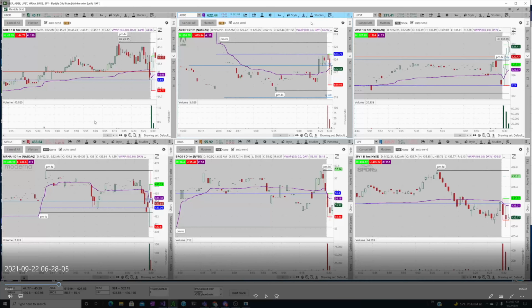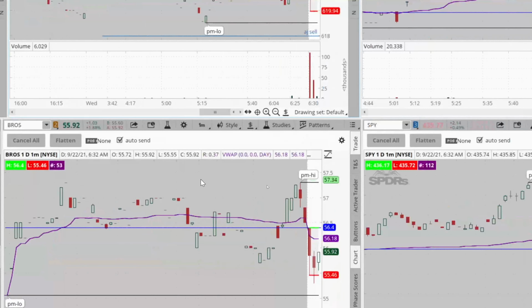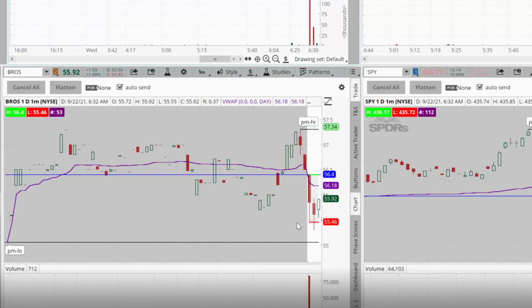And then I took the next trade. I was looking at BROS. BROS has a good setup because even though it dropped, the second minute also made a bear trap.